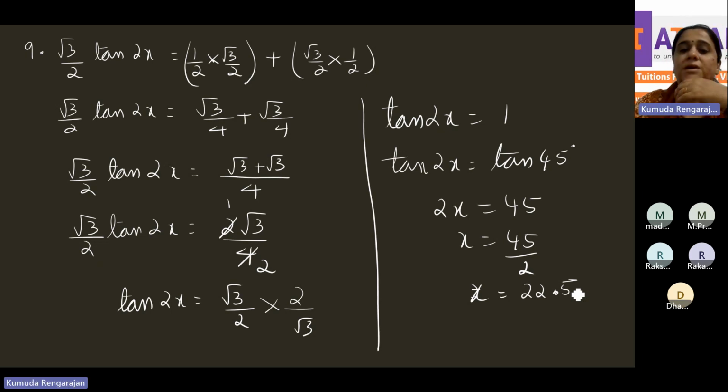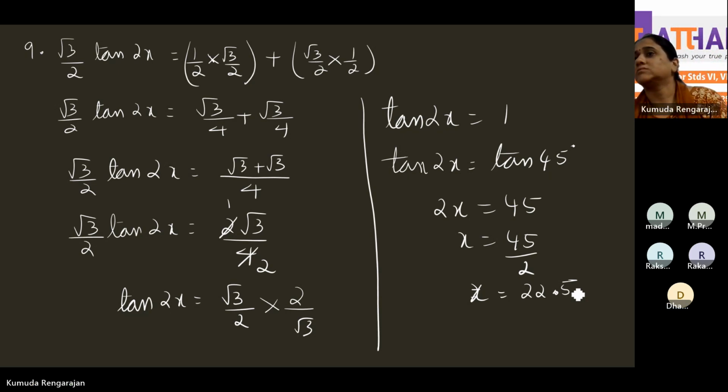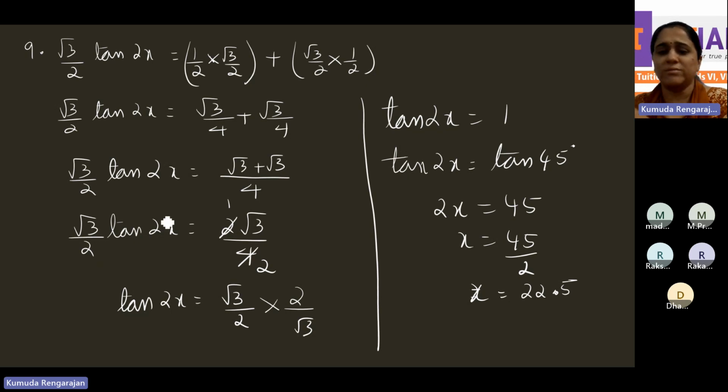Complete. Yeah. Has he written root 3, root 2, root 3 by 2, root 3? Meaning, just cancel it. Okay, fine. Okay, fine. Oh, you're right on.